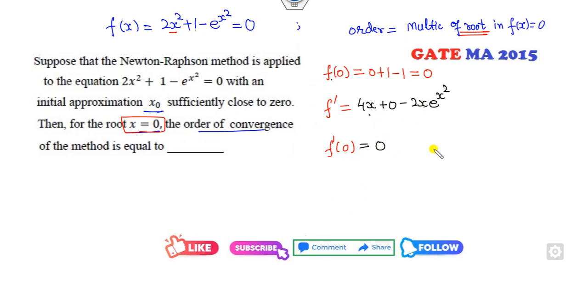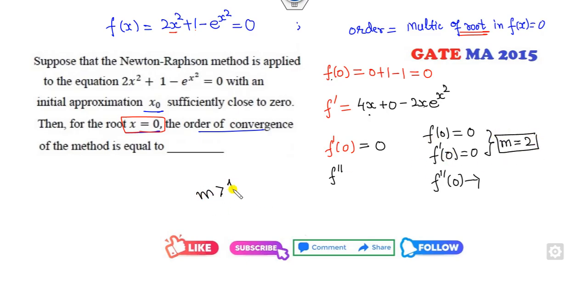So clearly, there is no need to find the second derivative, because f of 0 is 0 and f dash of 0 is 0; f double dash may be 0, it may not be. So at least m will be 2 because it has a double root. Once m is greater than 1, what is the order of convergence? The order of convergence is 1. That's linear. So 1 is the right answer.